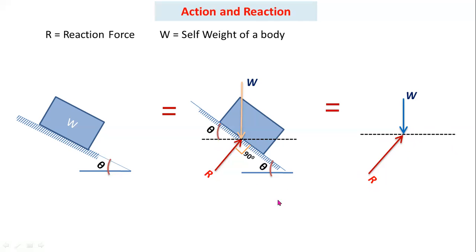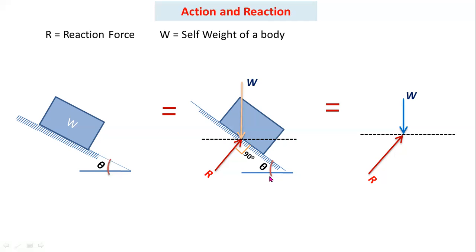Here you can observe this is a horizontal line. This is an inclined plane. This inclined plane makes an angle theta with respect to the horizontal. This dotted line and this bottom horizontal line both are parallel to each other.